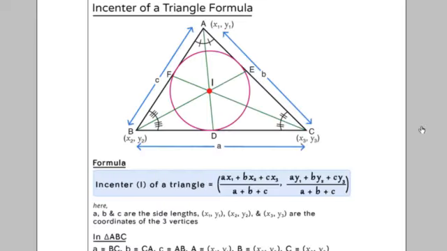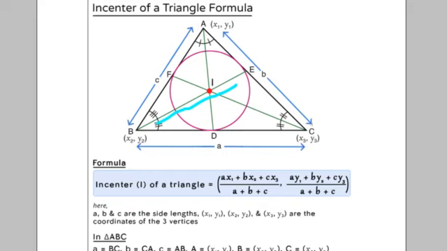Similarly, we can also find the incenter of a triangle. The incenter of a triangle is the point where all the angle bisectors of the triangle meet. Here, BE is the bisector of the angle ABC.